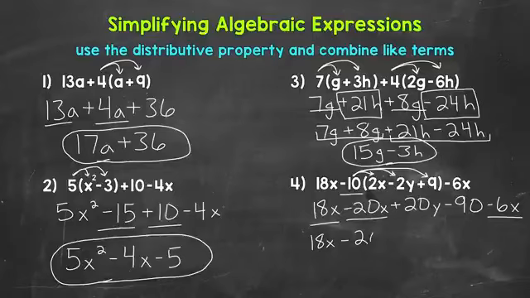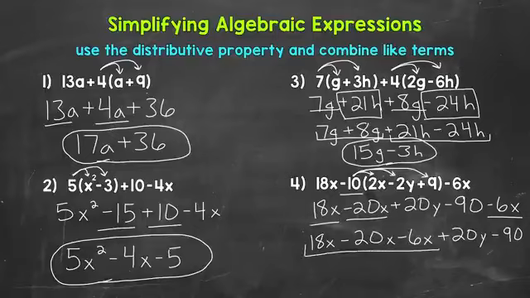So 18x minus 20x minus 6x plus 20y minus 90. Now we can combine like terms. So we are combining a positive 18x, a negative 20x, and a negative 6x.